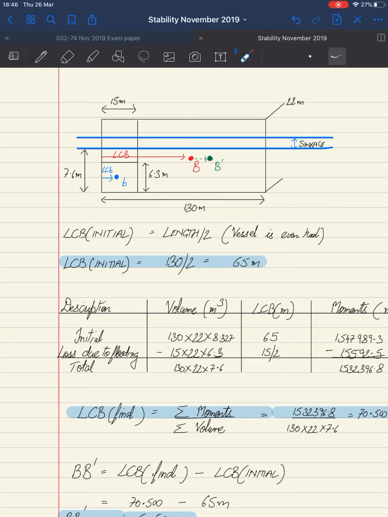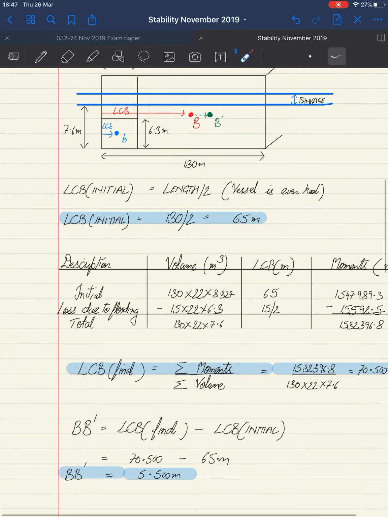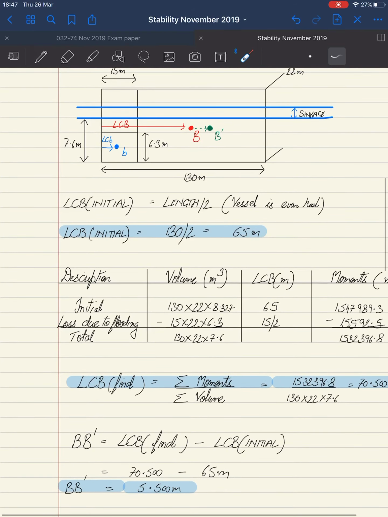So we divide the length, which is 130 meters, by 2 and get the initial longitudinal center of buoyancy as 65 meters.